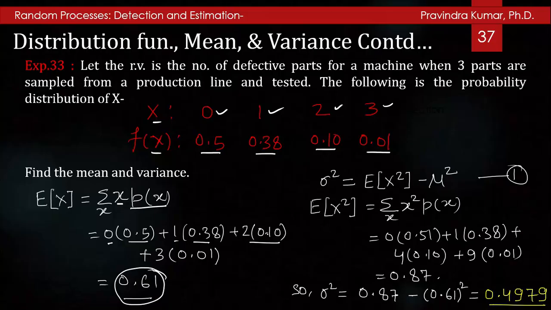To find the variance, you know the variance is the mean square value minus the whole square of the mean value. The mean square value is the summation of x square and p(x), which gives 0.87. So the variance is 0.87 minus 0.61 whole square, and the value of the variance is 0.497.